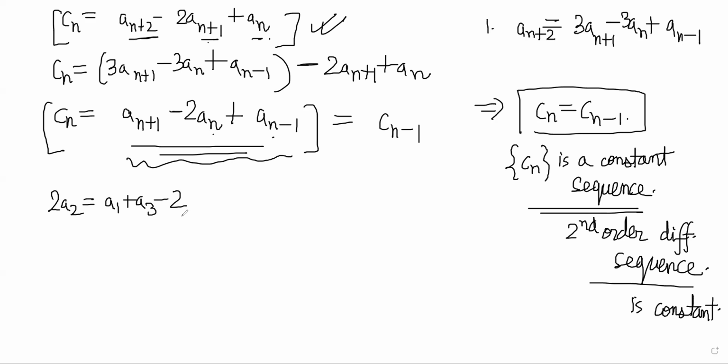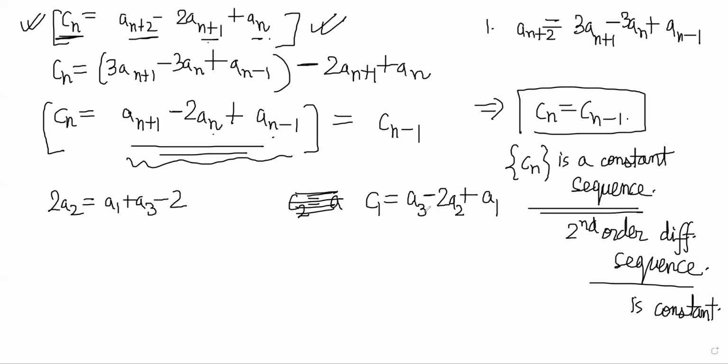And from here, what is C2? Okay, actually what we can say is C1. Put n is equal to 1 here. C1 is equal to a3 minus 2a2 plus a1, right?